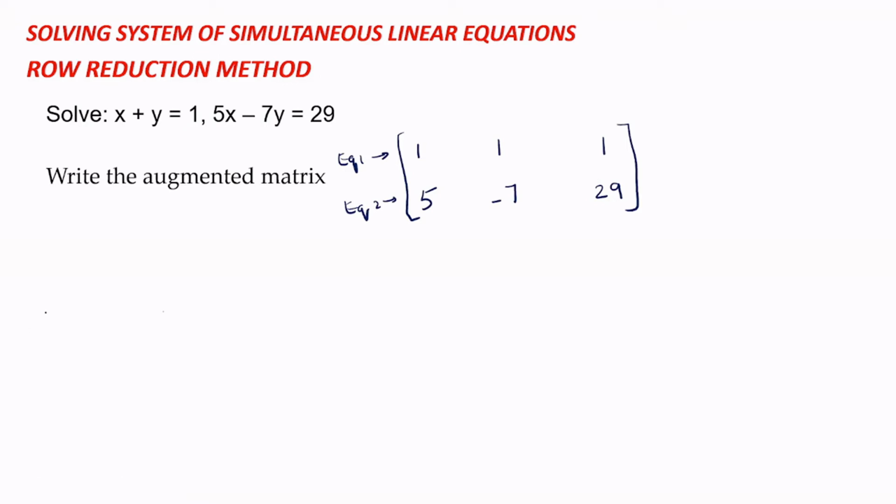So here we perform the row operation R2 changing to R2 minus 5 R1. R1 remains the same. In R2, 5 minus 5 is 0, minus 7 minus 5 is minus 12, and 29 minus 5 is 24.